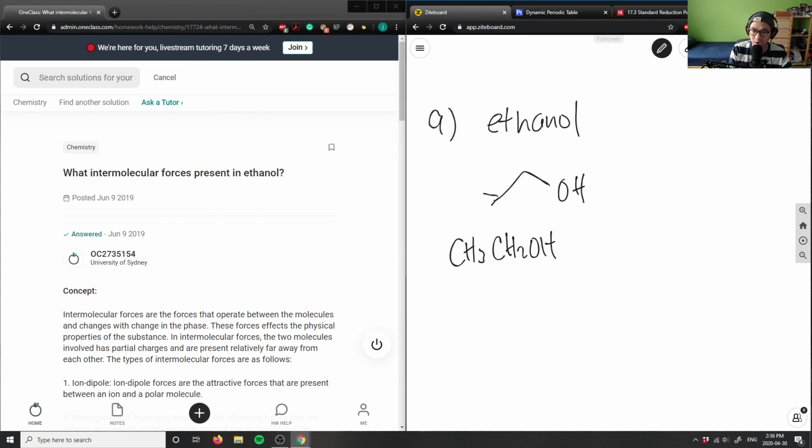Again, I have 3 hydrogens here and 2 hydrogens here. So CH3, CH2, OH would be ethanol here. If I were to draw a condensed structural diagram, it might help you visualize the intermolecular forces here. So let me draw this out for you.